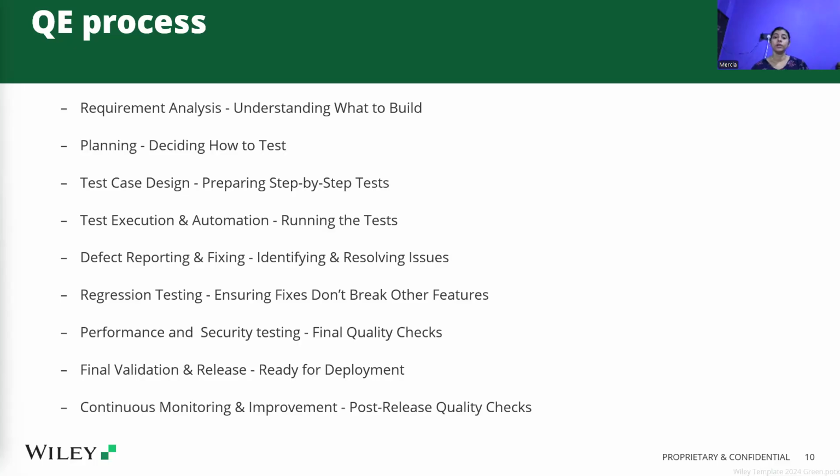And then we have continuous monitoring and improvement. It's not like, okay, we went to production, our job is done. No, it's not done yet. We have to monitor the software performance. If there is some bug after the release, then we get the feedback, fix that bug, and re-release it.